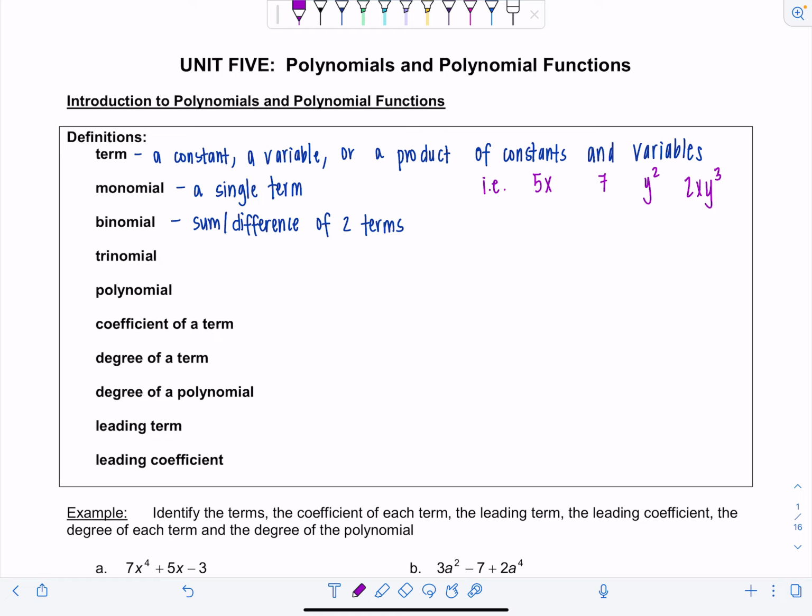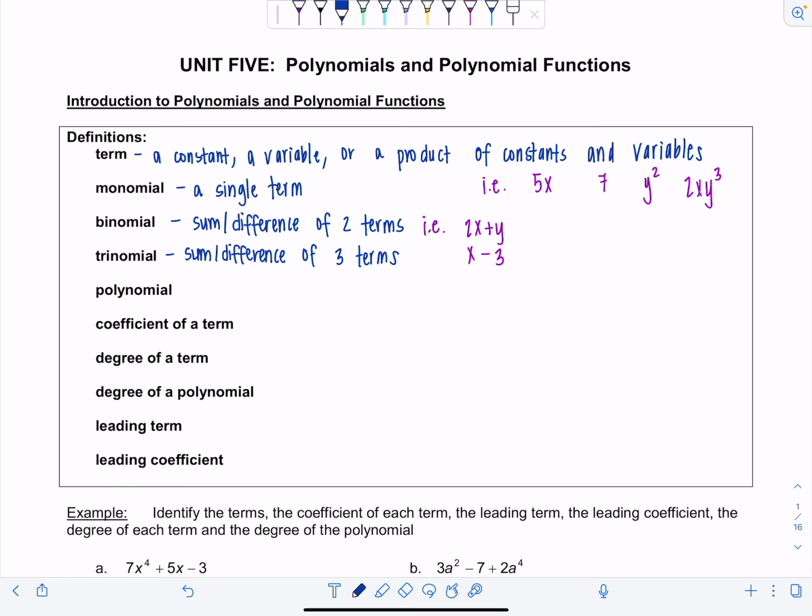A binomial might be something like 2x plus y, or x minus 3. Those are all binomials. A trinomial, again, is the sum or difference of, yes, you guessed it, 3 terms, okay? So just add or subtract another one on there.